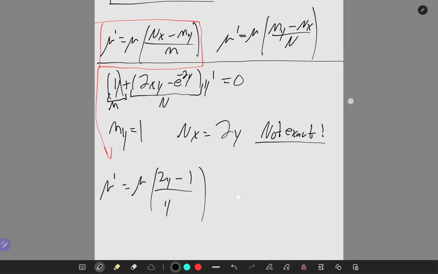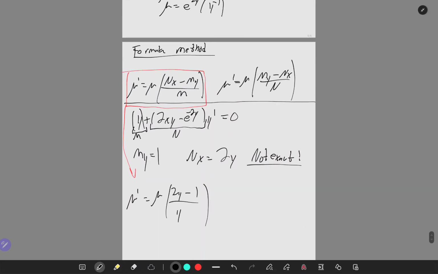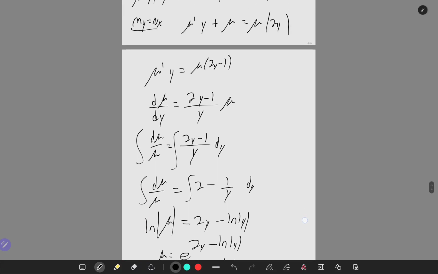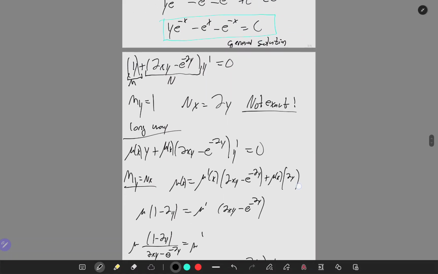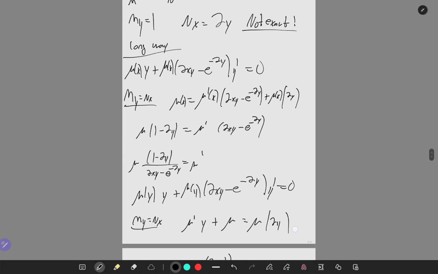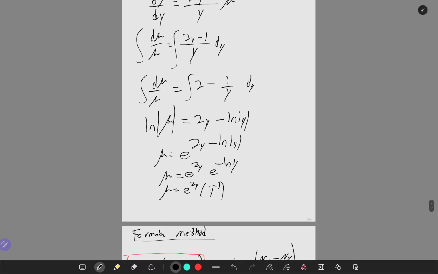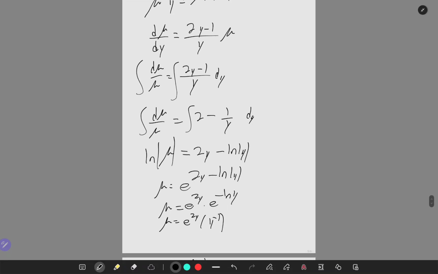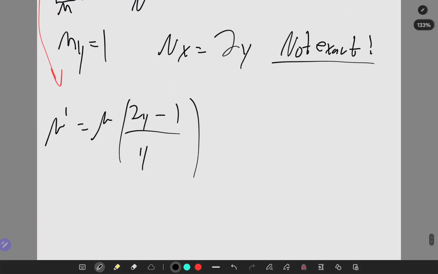This only took, what, not even half a page, and I wrote pretty big here. I did it with x first, that's almost a whole half a page, and then this way here was another whole half a page probably. So that saved you almost half a page of work.